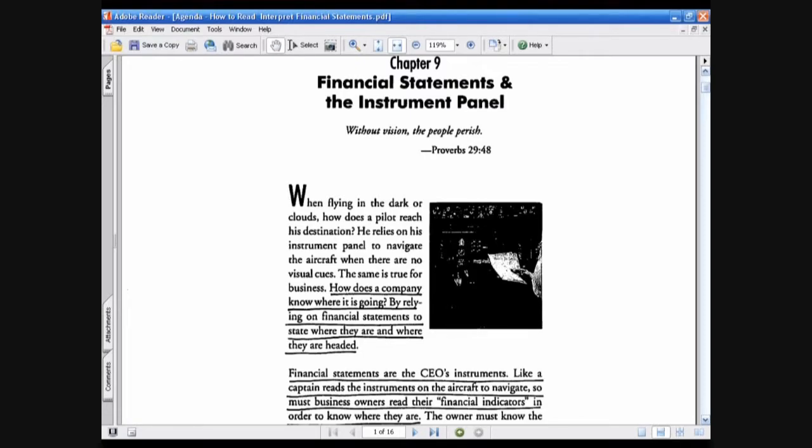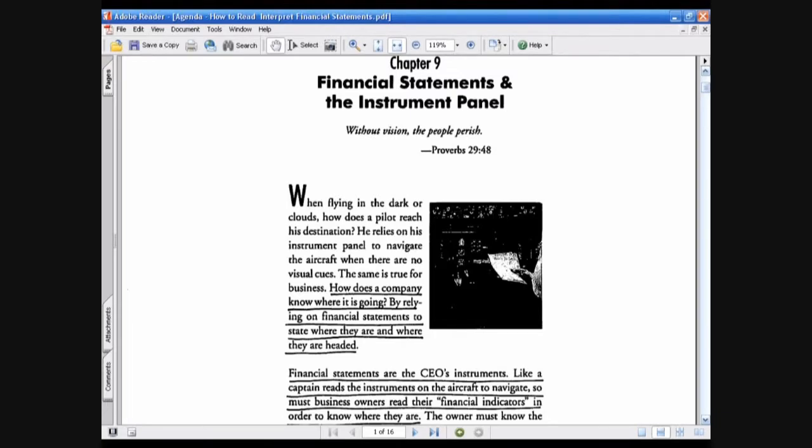It's called Your Financial Flight Plan, Pilot Your Business to Profitability. Because I've written this book, it says exactly what I want to say. So we're going to go through a couple pages from my book, and then we're going to dive into some sample QuickBooks financial statements. So let me just have you sit back, relax, and let me read to you.